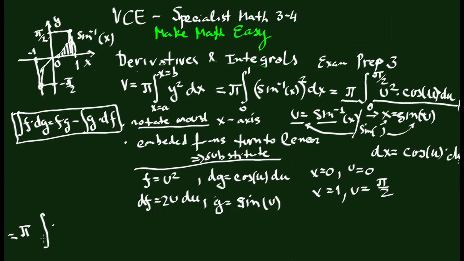So this integral becomes pi times, and then we'll open the bracket, u is f, so u squared times sine of u, that's fg, minus the integral of g, sine of u, times df, that's 2u du.